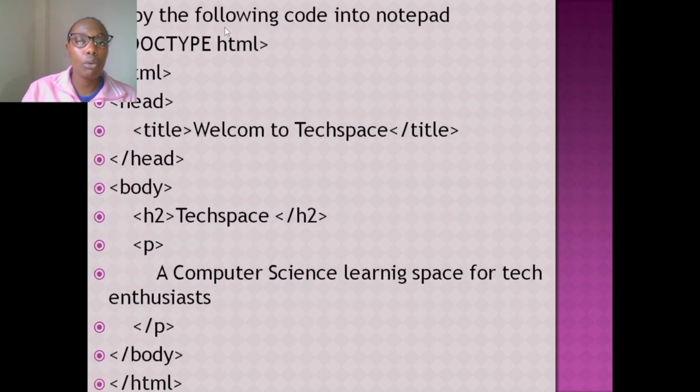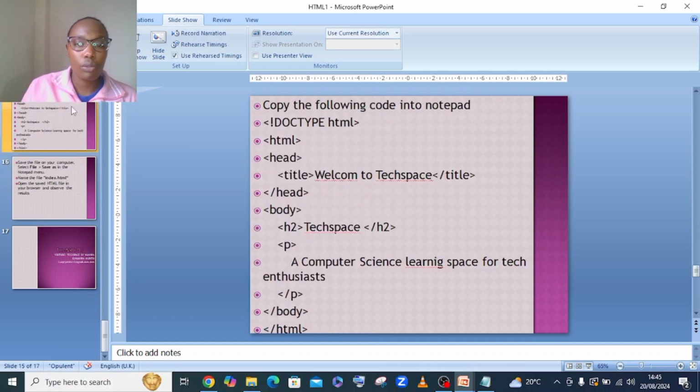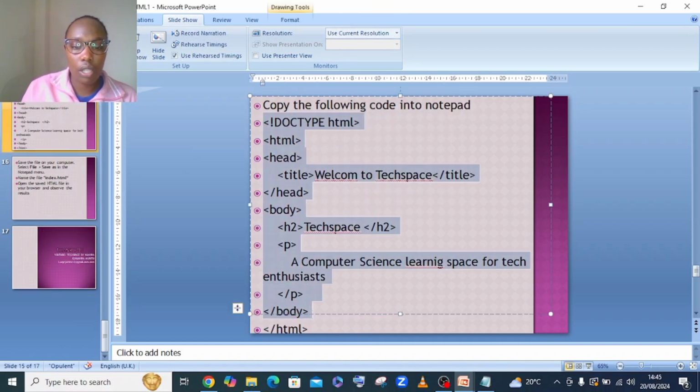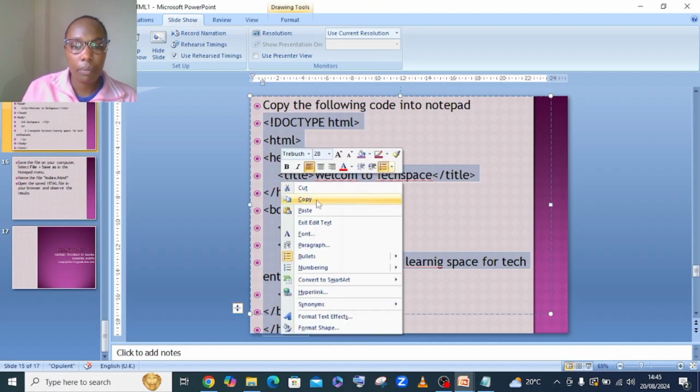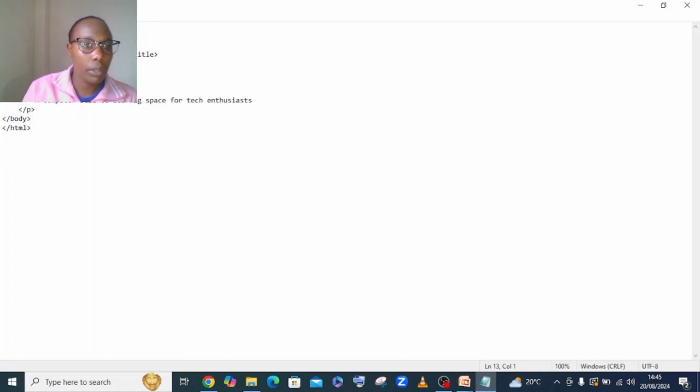So this is an example of code that I'm going to copy. I'm going to copy it to HTML, and then we're going to see what happens. I will copy the code, and I have my Notepad here.